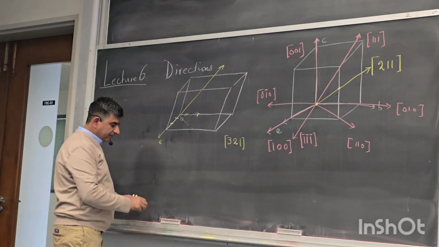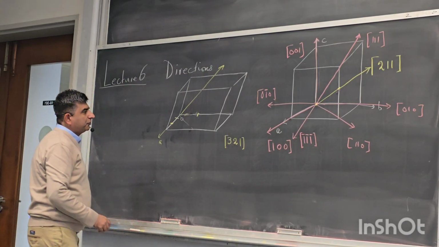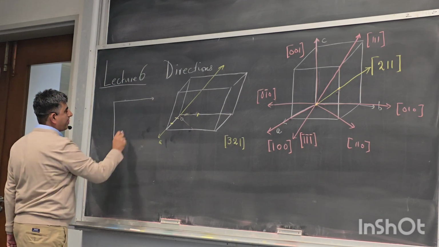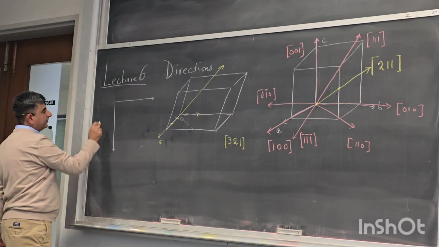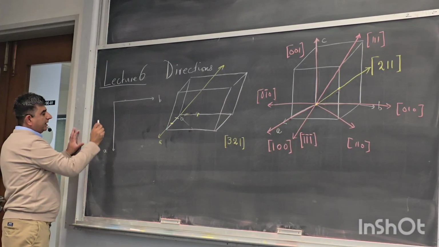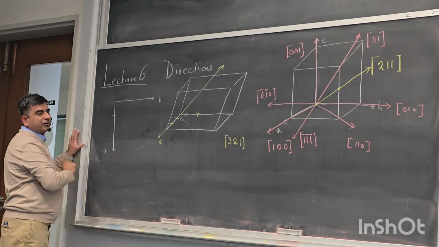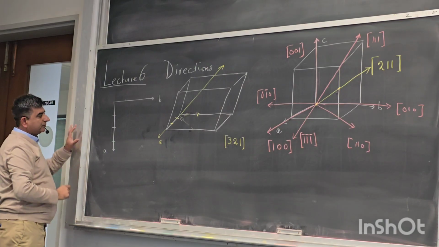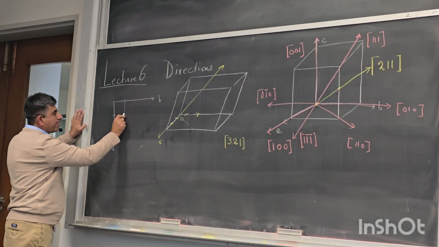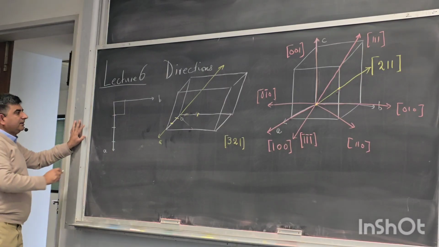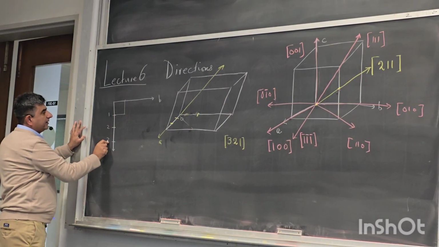So if I were to consider this in 2D, this is my a-axis and b-axis, let's say. And this is the size of my unit cell. So this is 1, 2, 3.